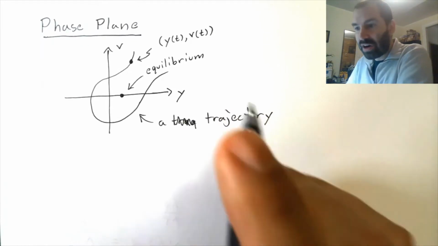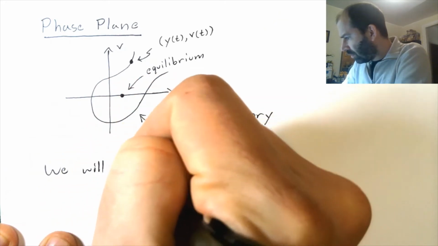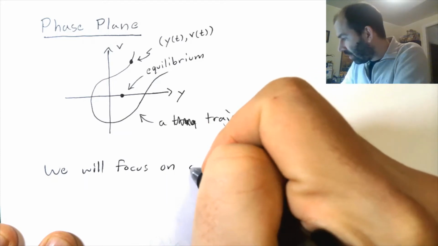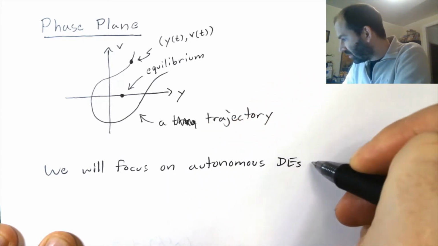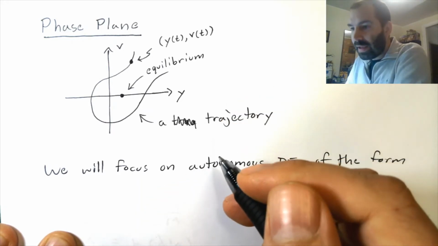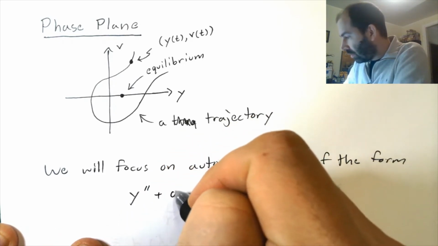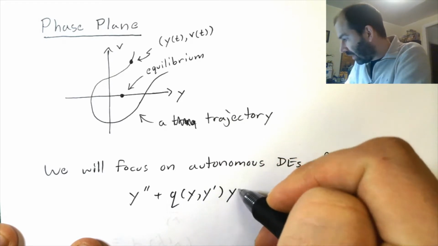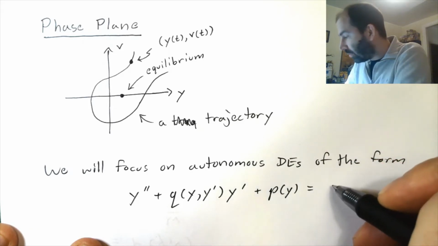So to get started, we will focus on the autonomous differential equations of the form y double prime plus a function of y and y prime times y prime plus p of y equals 0.